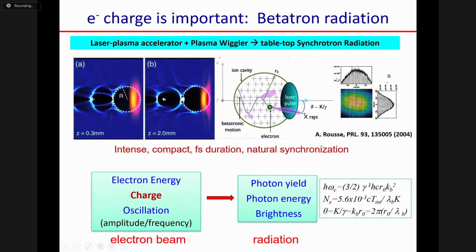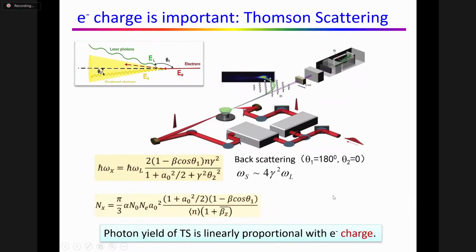So this kind of radiation, the photon yield, energy, and its brightness is really controlled by the electron bunch, the electron energy, the electron charge, and its oscillation amplitude. So the electron charge is really very important for the flux of the Betatron radiation. And also the Thomson scattering, the photon yield of the Thomson scattering is really linearly proportional with the electron charge with this formula.